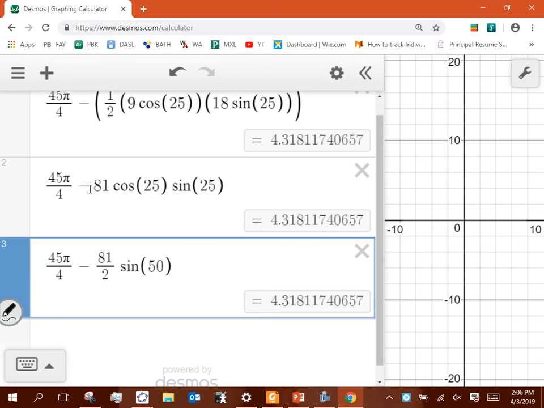See how that gives me the same answer? It's a little bit more concise than the one above it, because now I'm only using the sine function instead of the cosine function. So those are trig relationships that we learned in 11th and 12th grade that we'll use.